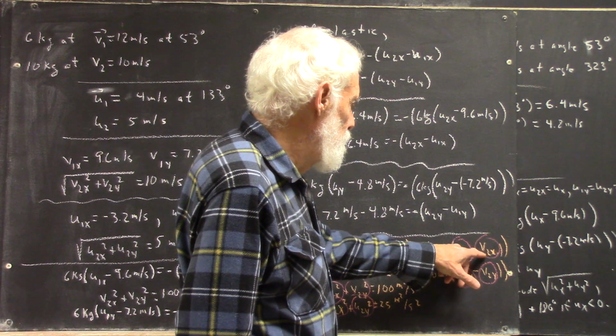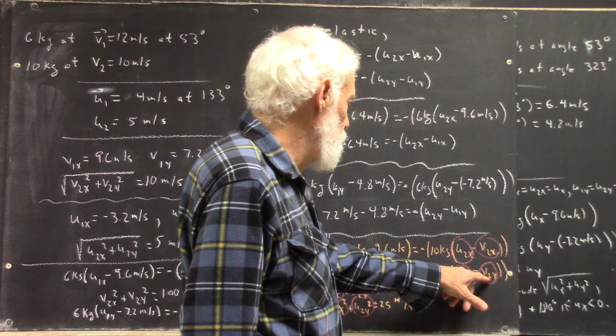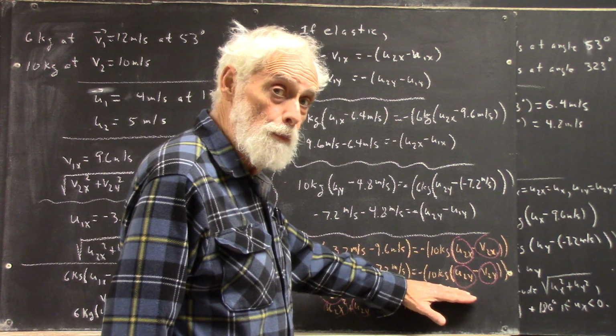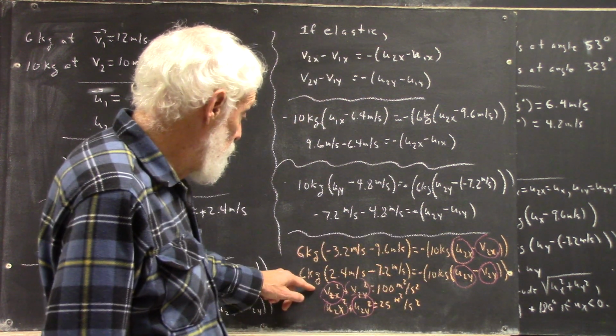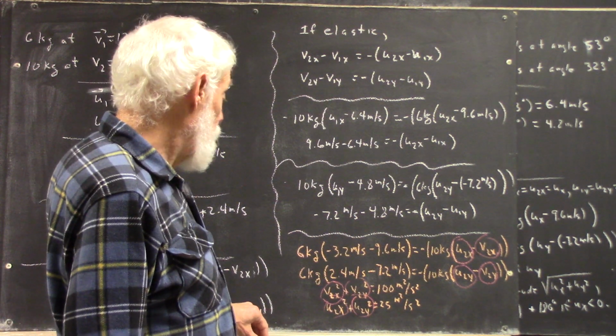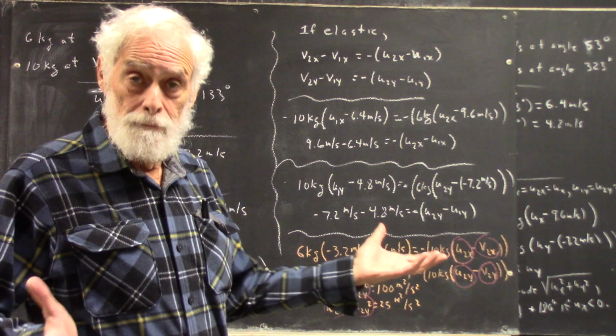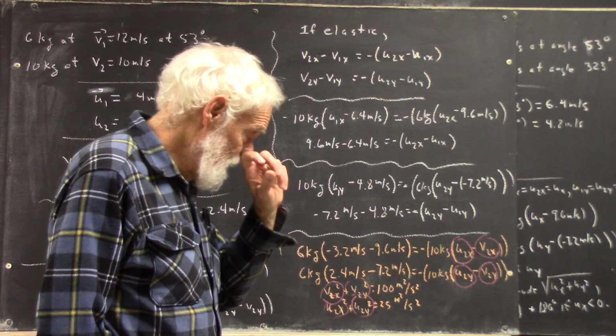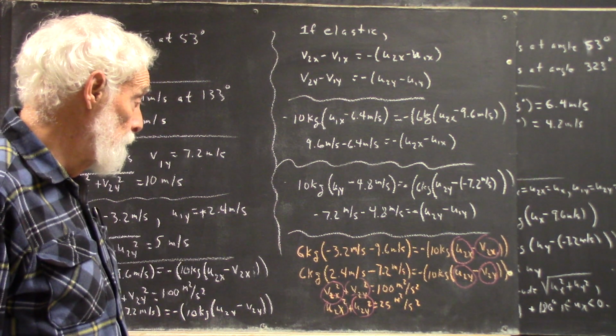u2x, v2x, u2y, v2y. Now that's 4 unknowns. It's a good thing we have more than these 2 equations. We need these 2 equations as well. Now, solving these equations gets pretty hairy algebraically because these things are squared. We don't have nice linear equations.